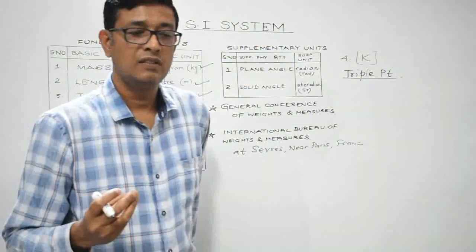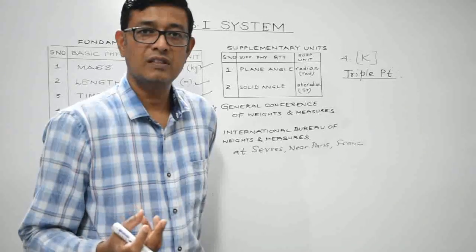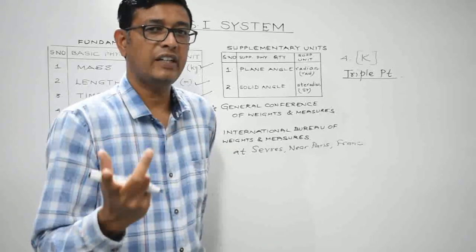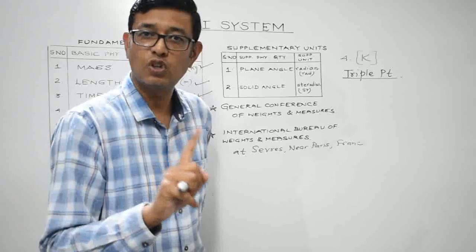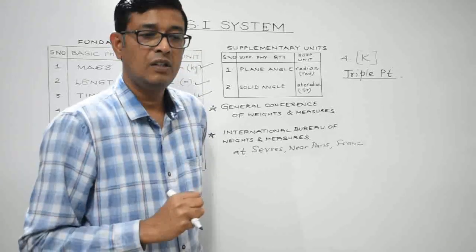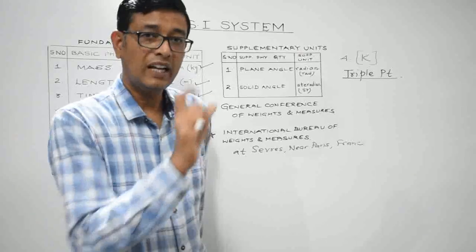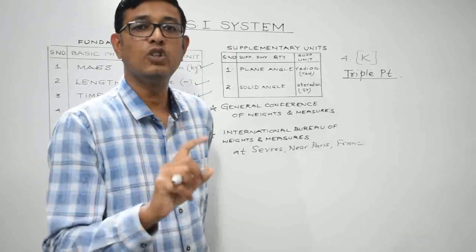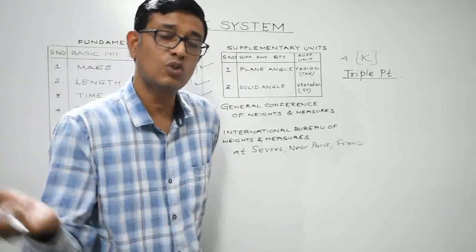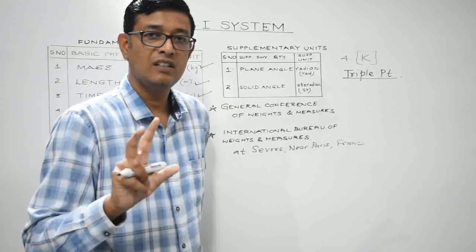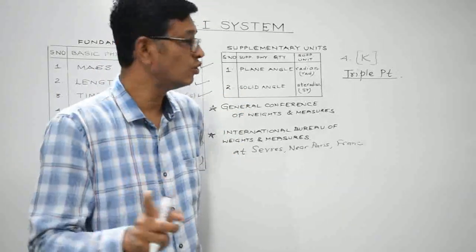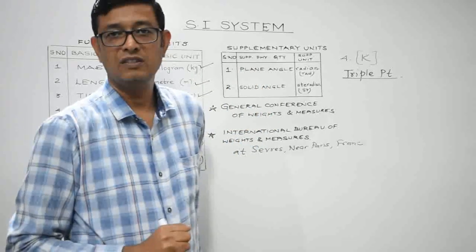Water can coexist at equilibrium in the three states, that is gaseous, solid as well as liquid. But for that, a particular condition is required. That state of equilibrium in which water coexists in all the three states, solid, liquid as well as gas, is known as the triple point of water.